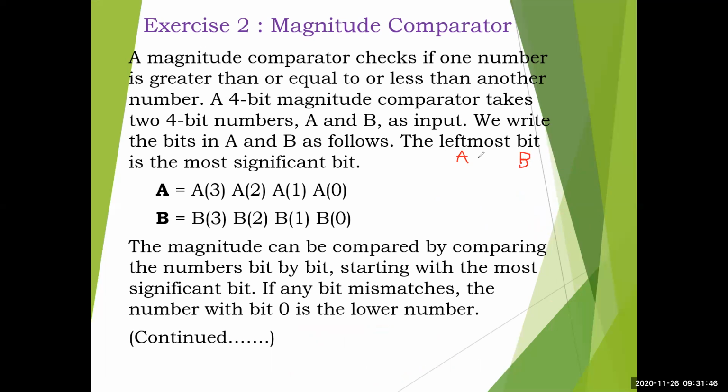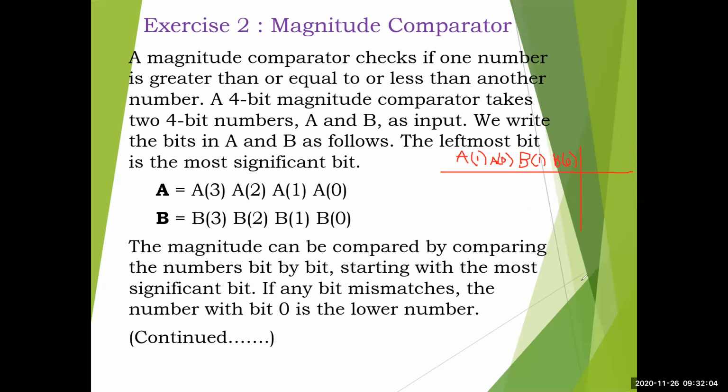So you will have A of 1, A of 0, and similarly B of 1, B of 0. This is the input you got.